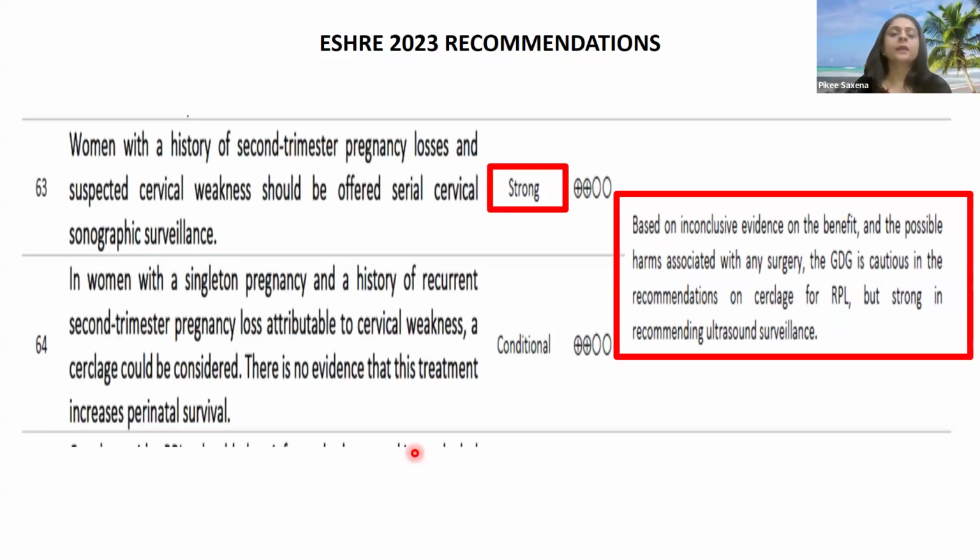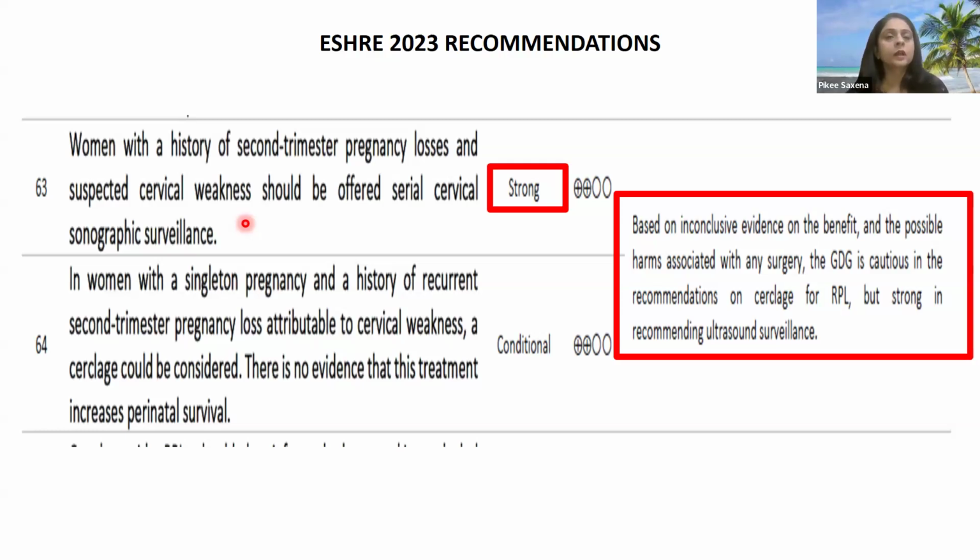Coming to the cervical incompetence, a woman who has a history of second trimester pregnancy loss with suspected cervical weakness should be offered serial ultrasound. Starting from the NT-NB scan, we need to do her cervical length, the width of the cervix, and we can assess it frequently, every 2 to 3 weeks.